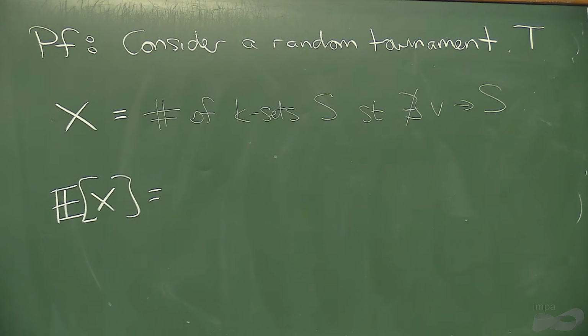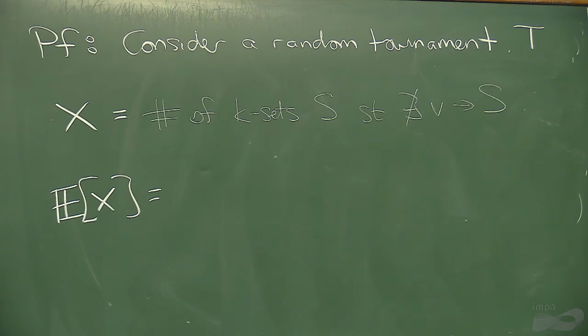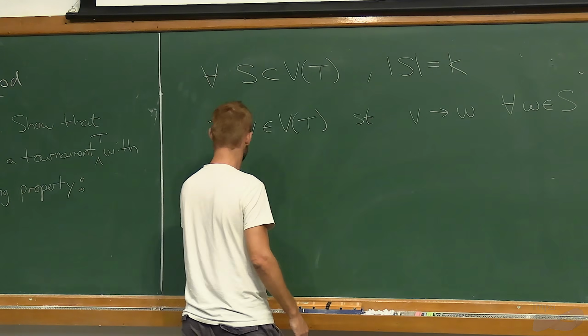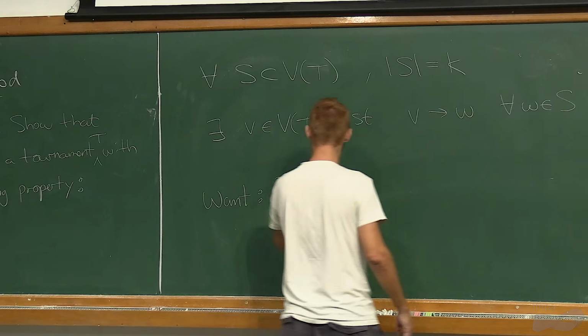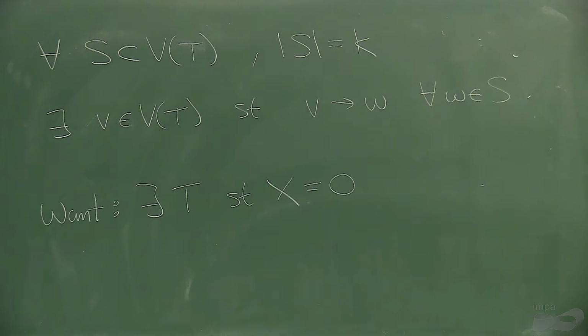And what do we care about? So what do we want? There exists a tournament such that X equals 0. If X equals 0, there is no set with this property, which is what we want.